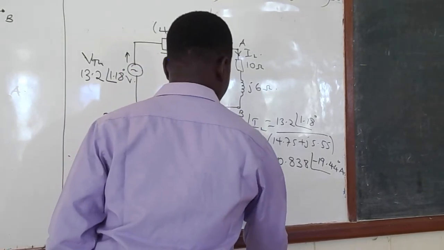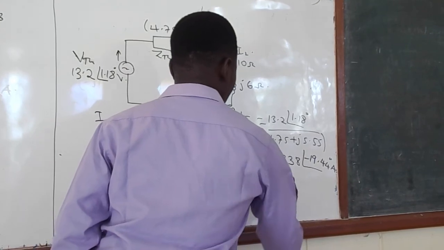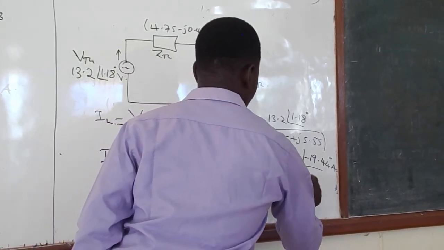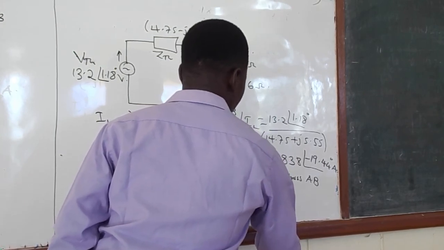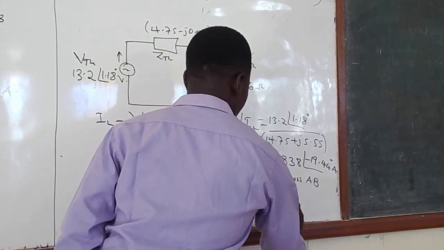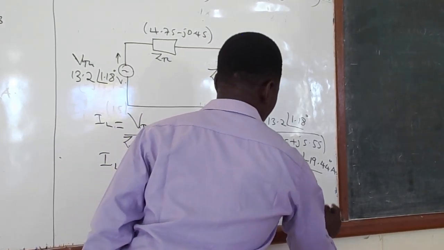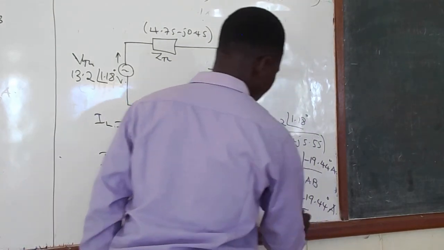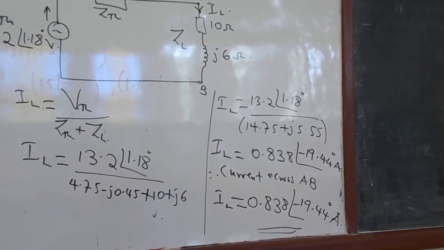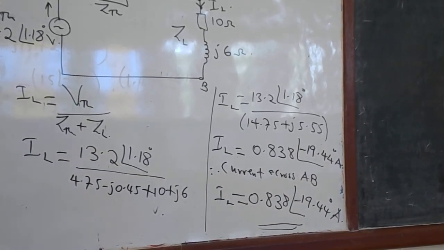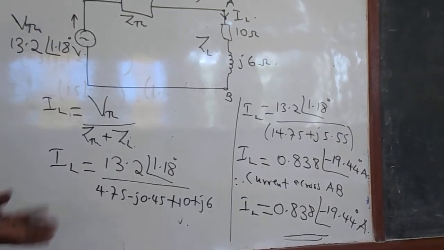So you can say therefore, current across AB, that is IL, is equal to 0.838 at an angle of negative 19.44 degrees amperes. So we have actually calculated the current across the load, that is terminal AB, using Thevenin's theorem.